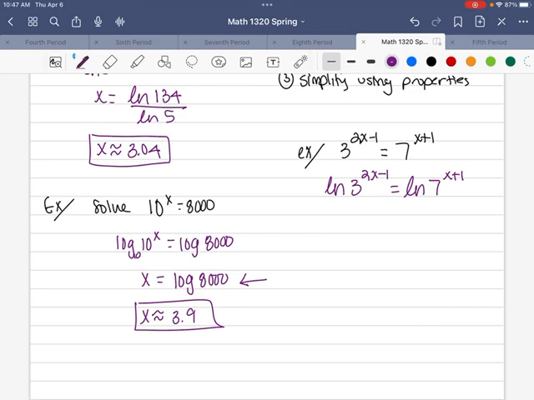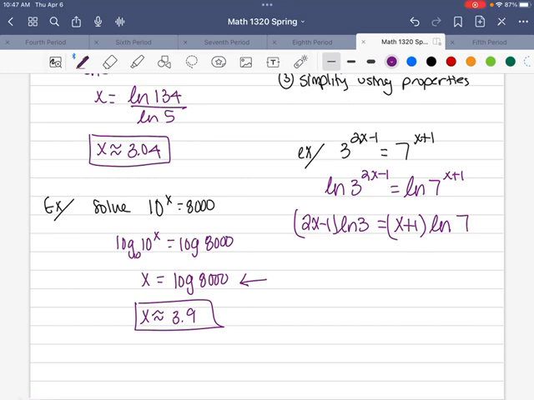So we're going to do the power rule. So using the power rule, we'll bring that power to the front. So we're going to bring that 2x minus 1 times the natural log of 3 equals x plus 1 times the natural log of 7. And then what we're going to do is distribute the natural logs in, to get it in simplest form.